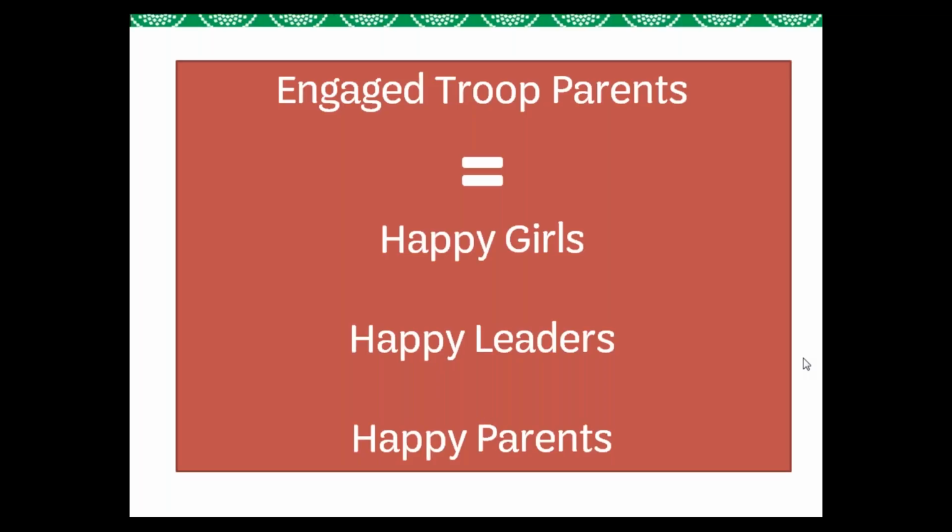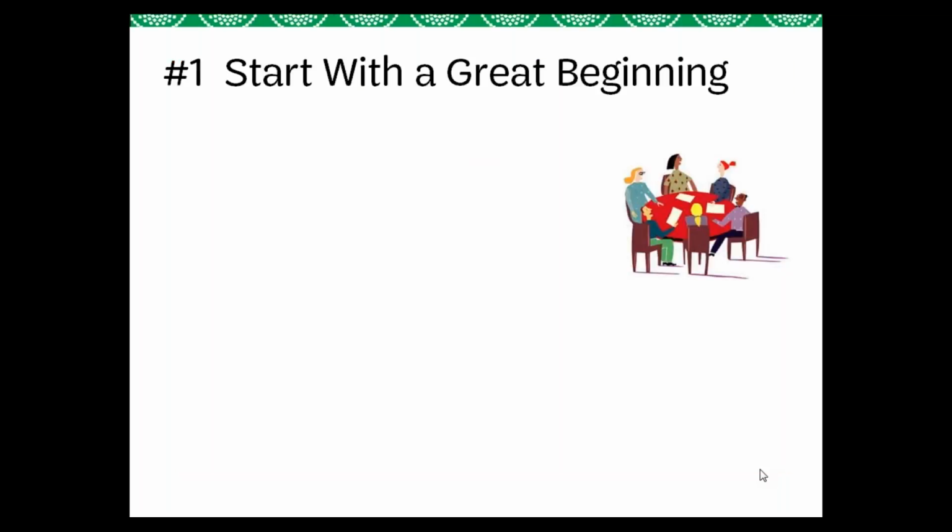Maybe you already have that in your troop and you want your parents to be more receptive and responsive to the troop communication. That's really for you to determine. You know your troop, but either way, what we'll go over today should help with those. So let's go ahead and get started with our list of 10 tips to engage your parents.